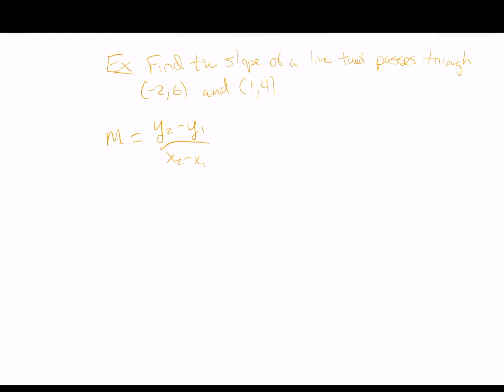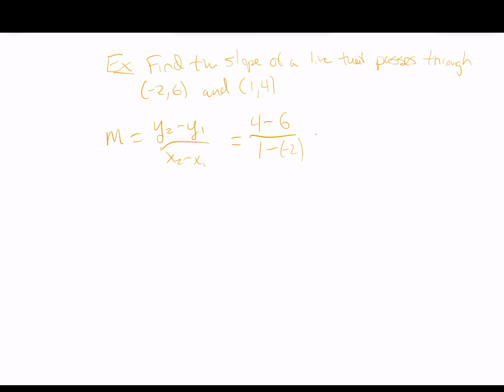We just need to make sure that we're consistent with the x and y. So I'll start with the second point. The y value is 4. And the first point's y value is 6, so 4 minus 6. And then the x value on the second point is 1. And the x value on the first point is -2.